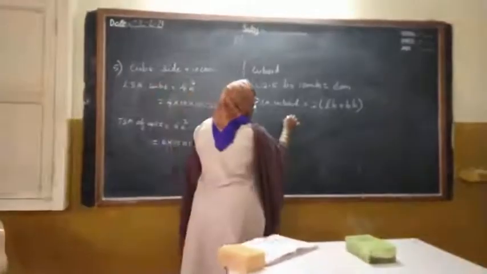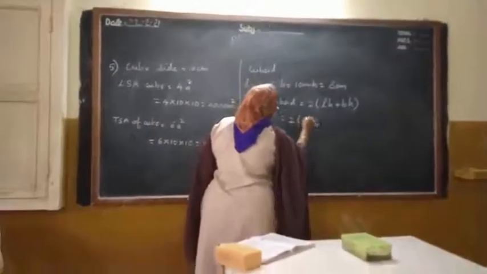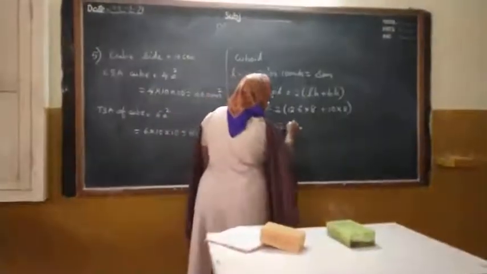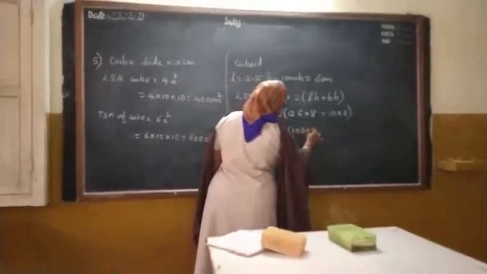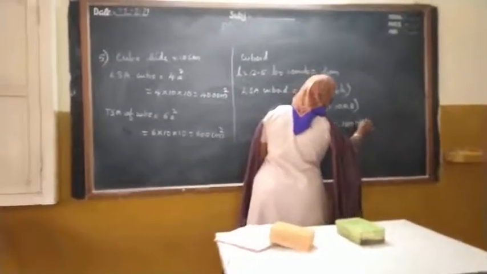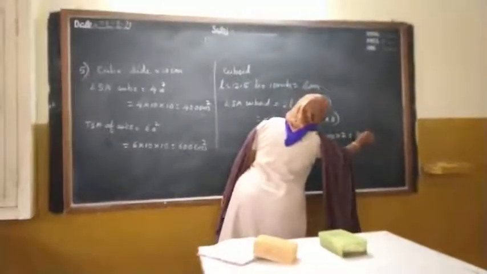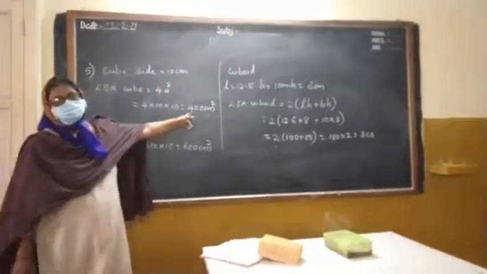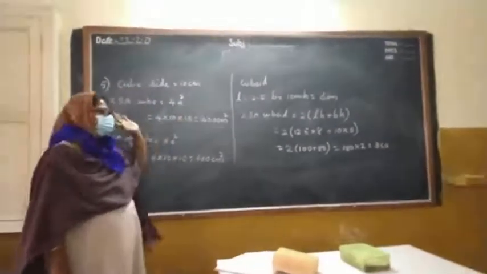So 100 plus 80, 180 into 2, 360 you will get. Okay, so which one will be greater? First one will be greater.